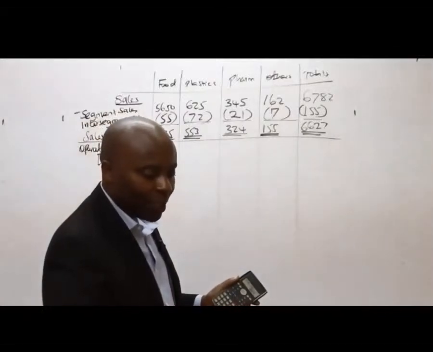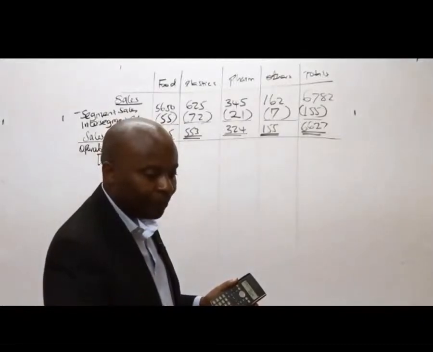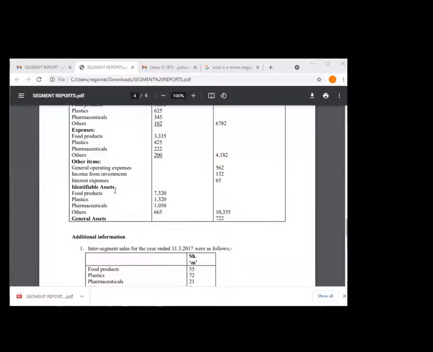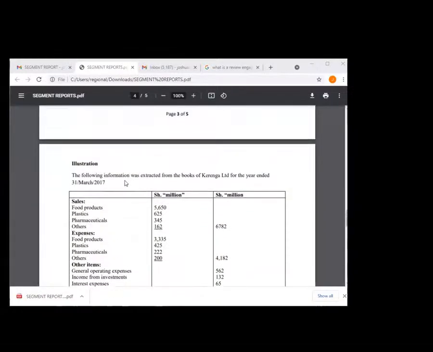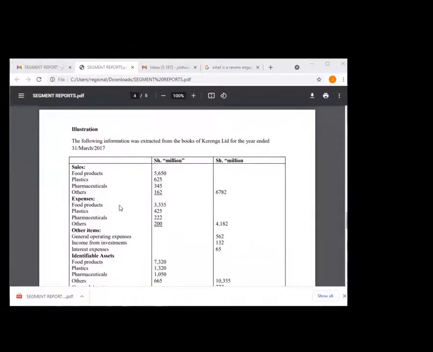So I want to share my screen with yourselves, and then we get to pick this. Now you can see here, how do we get the operating profit for segment number one? If it is the food segment, I can see the revenue for food is 56.50, and the expenses for food are 33.35.